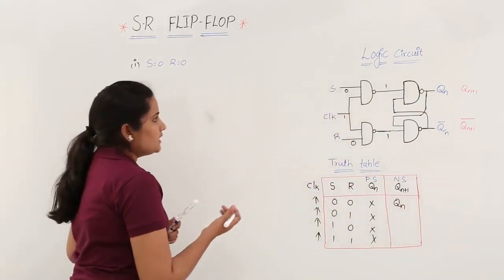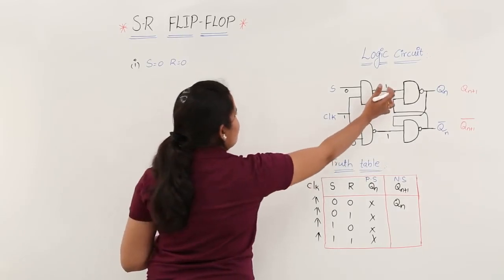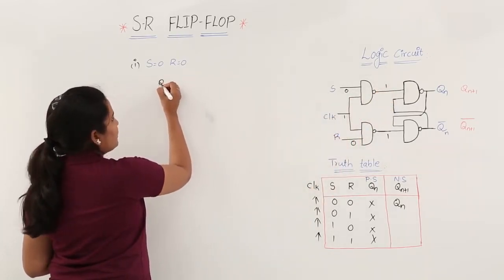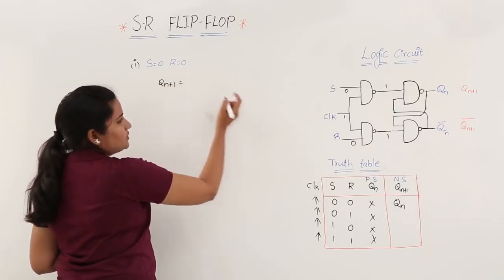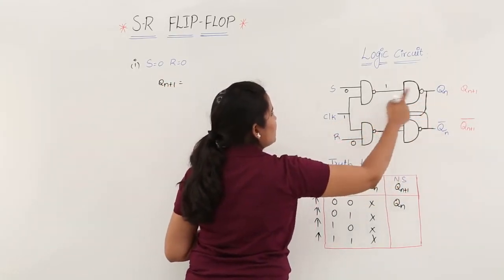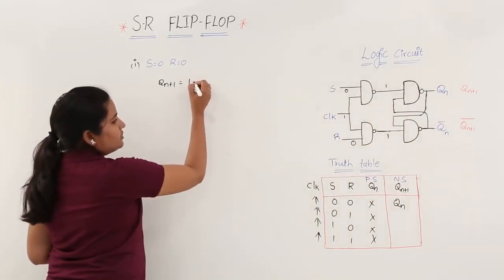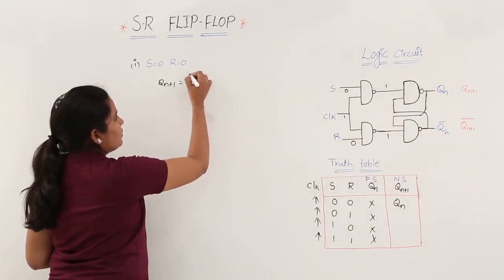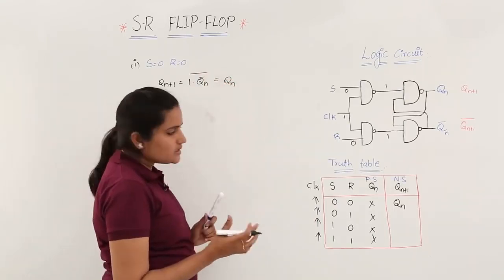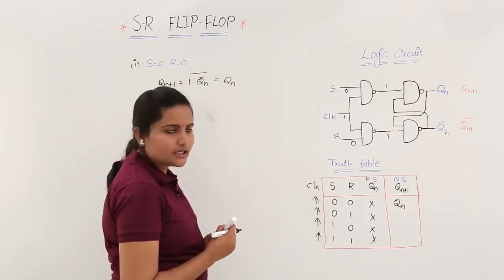Qn plus 1 is equivalent to 1 into Qn bar whole bar, so you get Qn. This is my first condition.